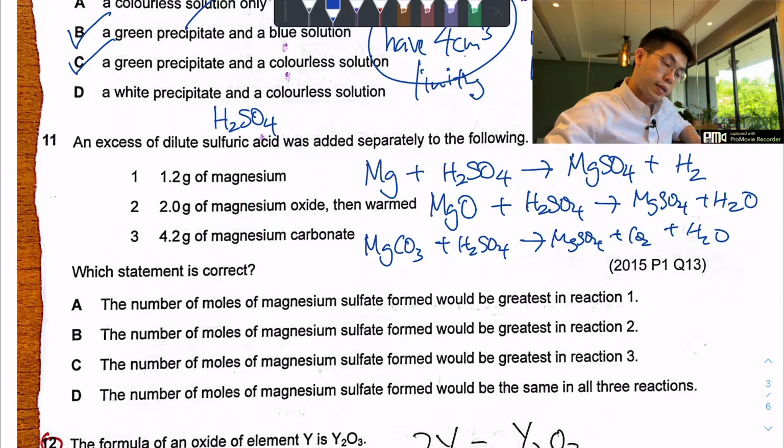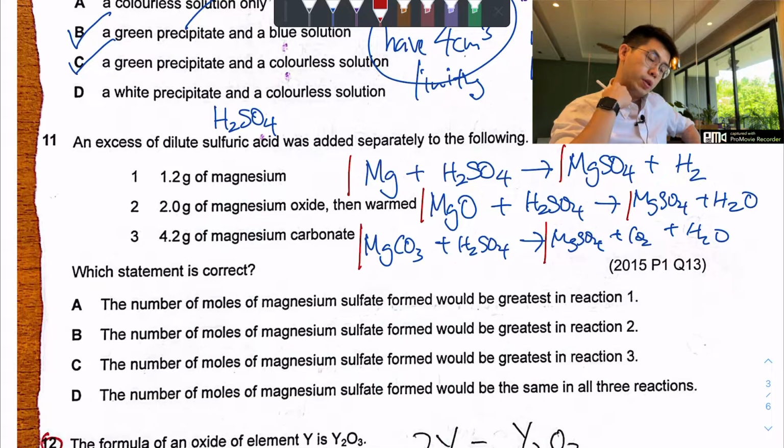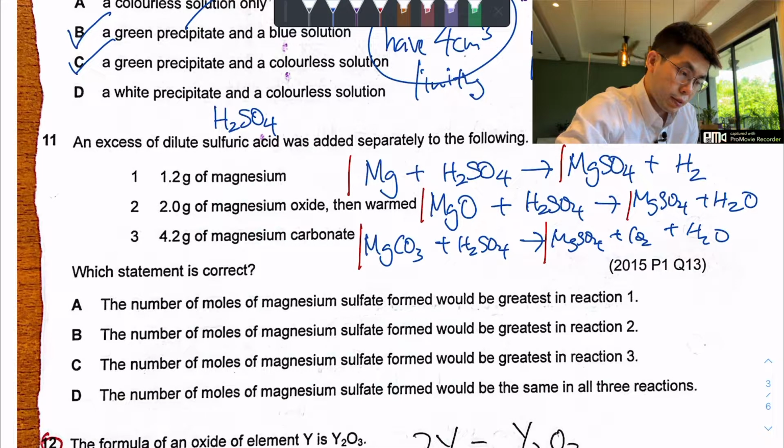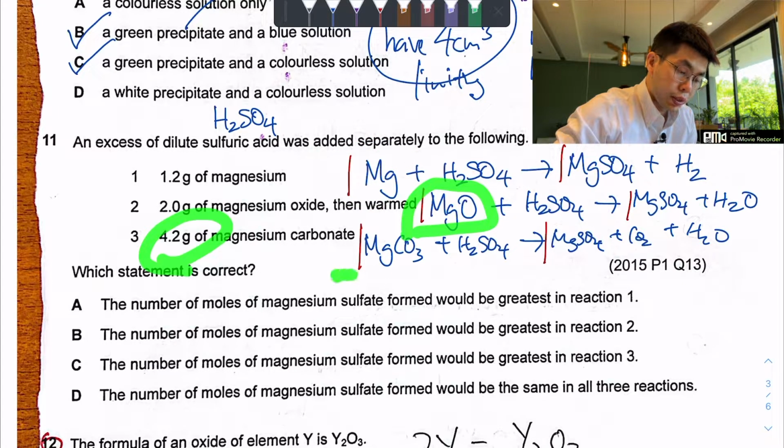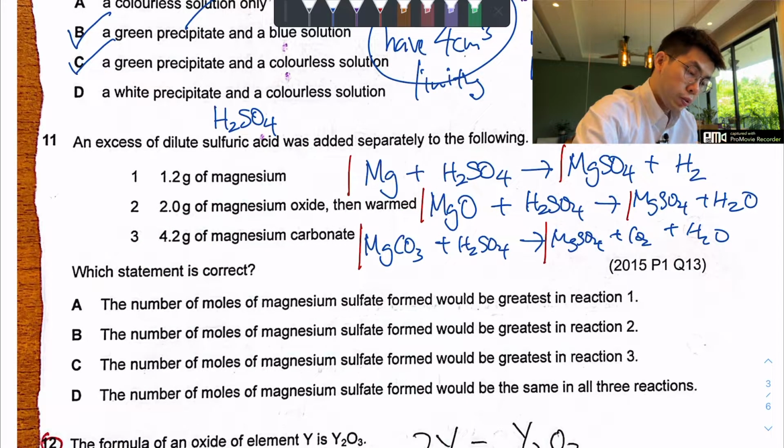So you realize that actually all of the magnesium reactions are 1:1, 1:1, and 1:1. So I'm given 1.2 grams of magnesium, 2.0 grams of magnesium oxide and 4.2 grams of magnesium carbonate. So we need to calculate the moles.